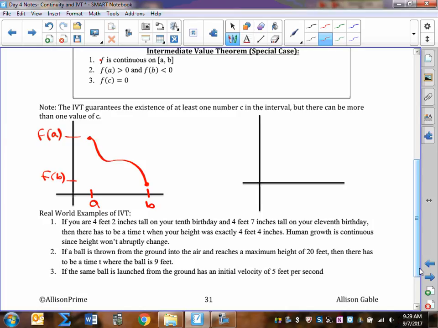So we've got a continuous function. We can see our endpoints. We can see those y values. All right. So what we then have, it says, and k is any number between f of a and f of b. So plop your k down wherever you want it.